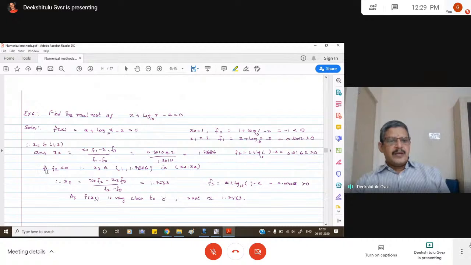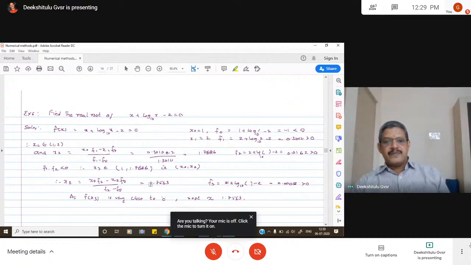The value of the function is greater than 0, and f0 is less than 0, so the root lies between x0 and x2. So x3 belongs to this interval, and x2 is 1.7686. So x3 will be (x0 f2 - x2 f0)/(f2 - f0), about 1.75.